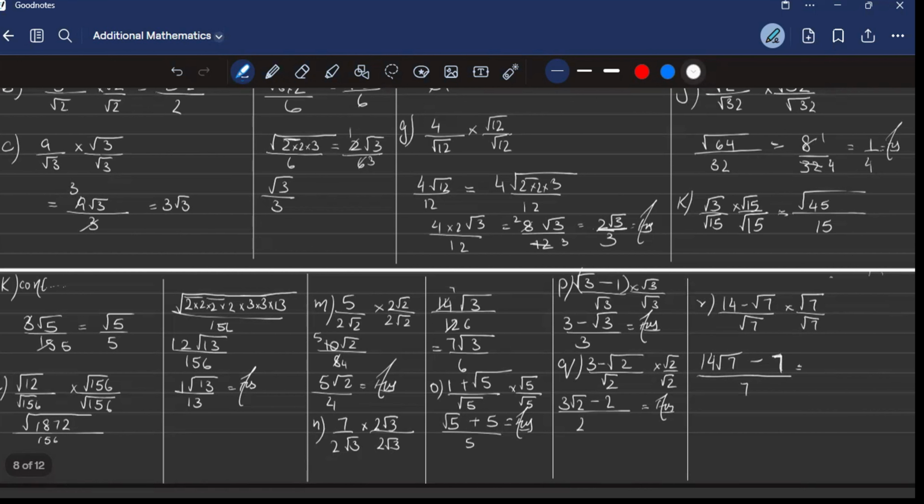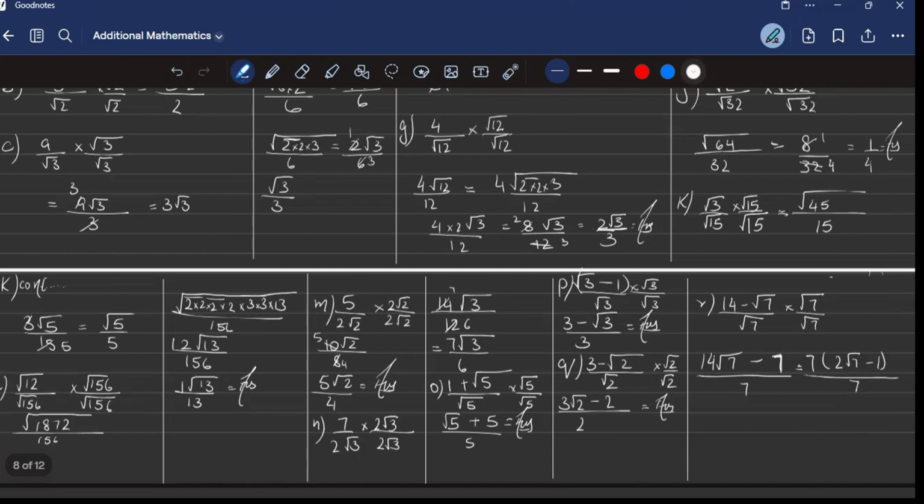So basically what we do is now take the common factor out. It's been a long time since we have taken a common factor. But 14 is divisible by 7, and 7 is divisible by 7. So 7 is the common factor. 7 twos are 14, 2 under root 7, minus 7 ones are 7, divided by 7.